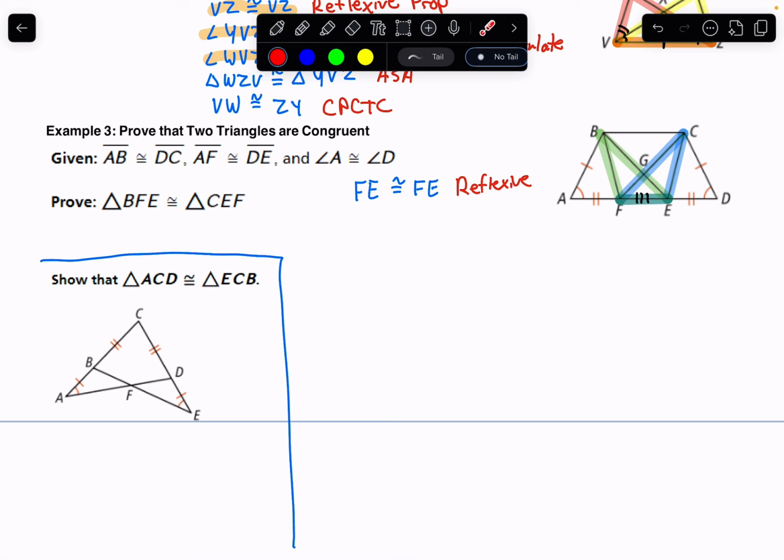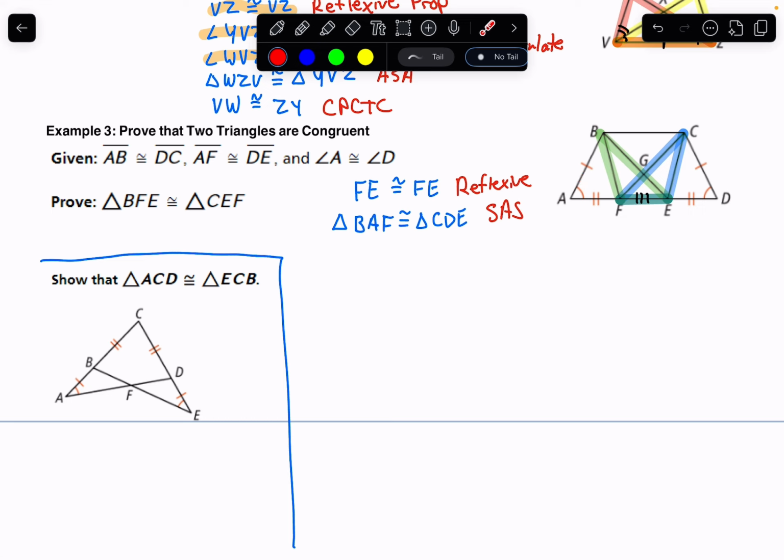So triangle BAF is congruent to triangle CDE, and that's just marked already as side angle side congruence. So those outside triangles are congruent.